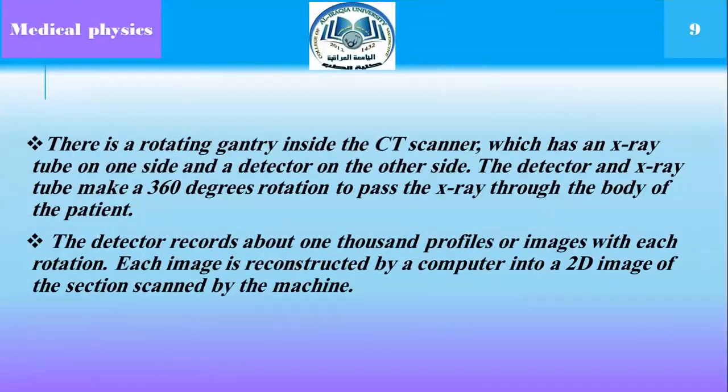There is a rotating gantry inside the CT scanner, which has an X-ray tube on one side and a detector on the other side. The detector and X-ray tube make a 360 degree rotation to pass the X-ray through the body of the patient.